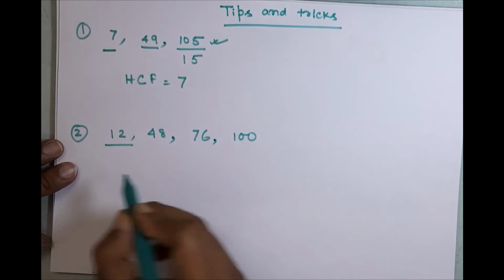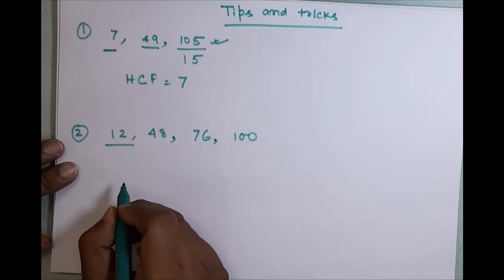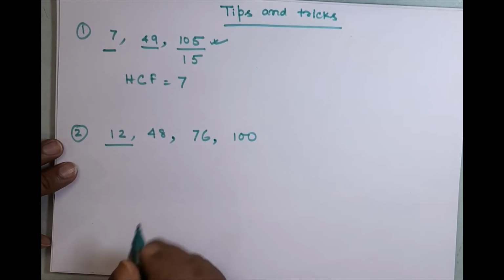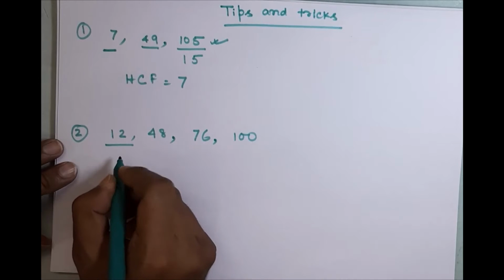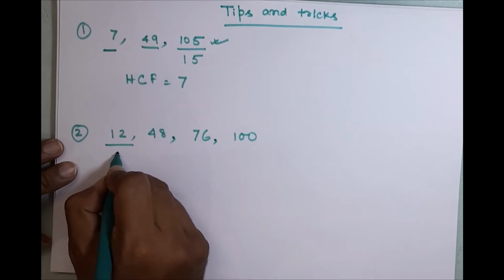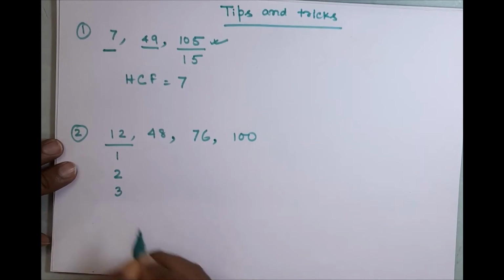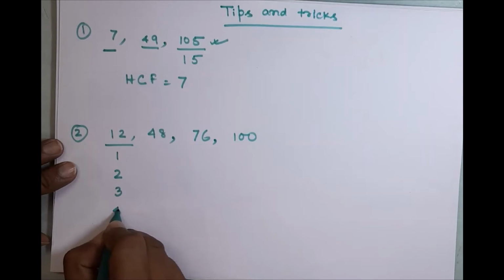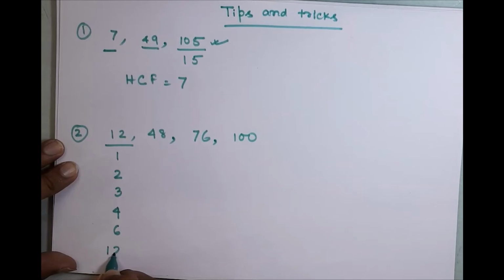So we'll find the factors of 12. It is pretty easy and straightforward, so we can do it using the prime factorization method, but as it is a very small number, we'll write it down directly. 12 is divisible by 1, 2, 3, 4, 6 and 12.